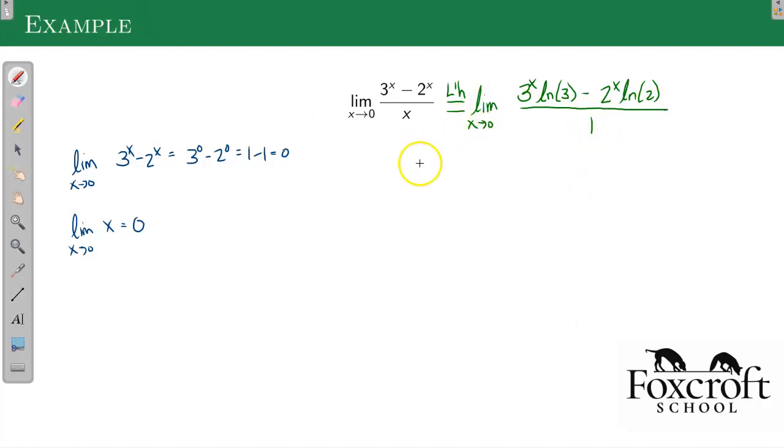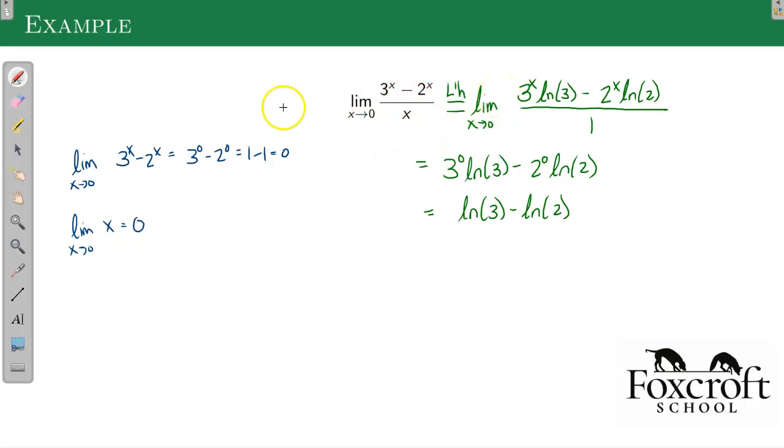And now we just try to plug in 0 again. And anything raised to 0 is 1, so they just go away. And we get this as our final answer, which I don't think you could ever guess this was going to be the answer to this limit without being able to do L'Hopital's rule and know how to do your derivatives correctly.